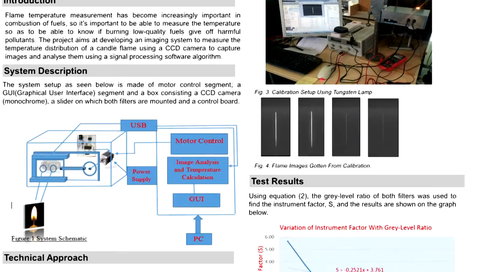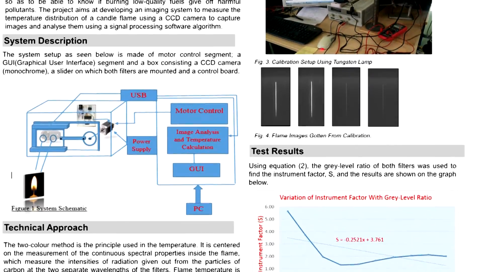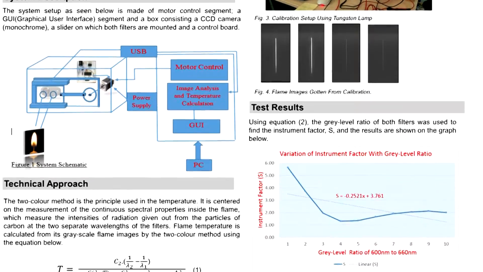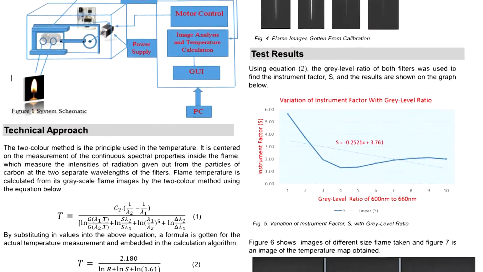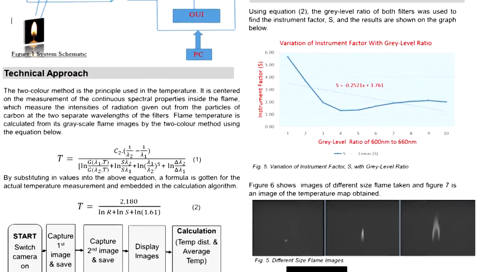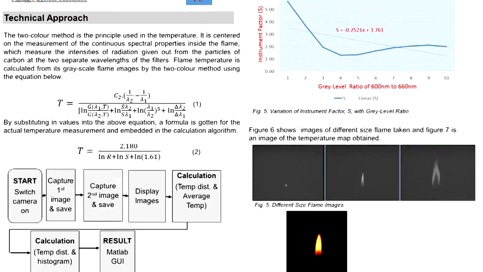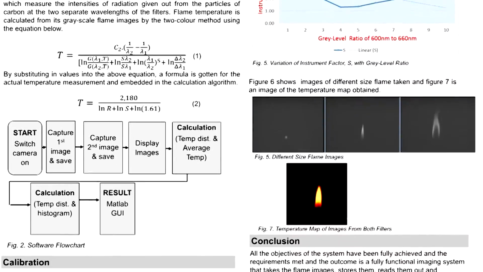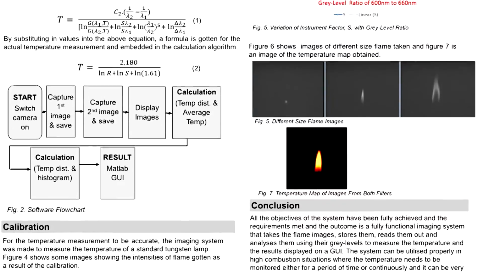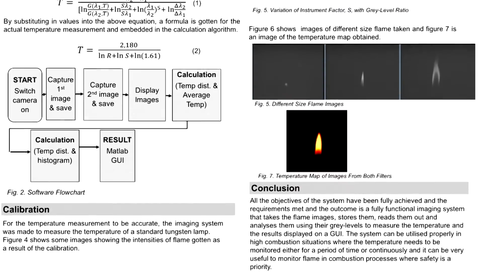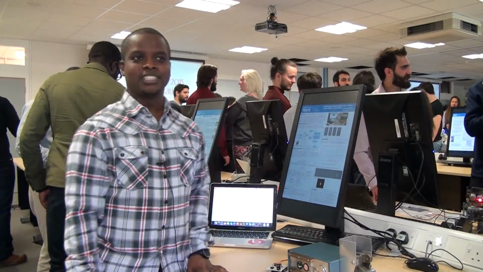This is controlled by a stepper motor, which is controlled by this hardware right here. It takes the image from here, switches the filters when MATLAB gives the signal through the Arduino, and the camera takes the image.